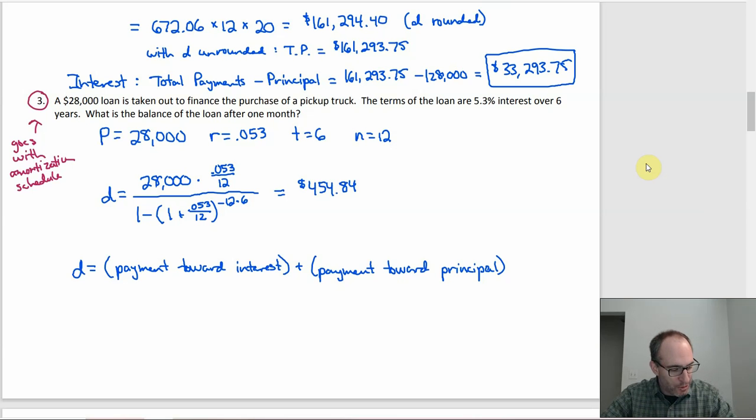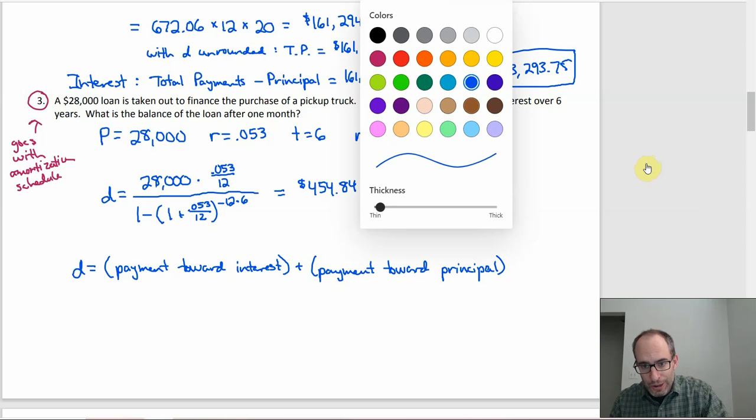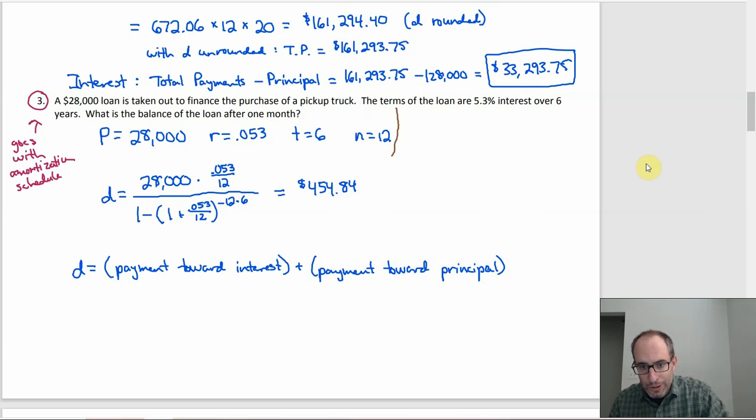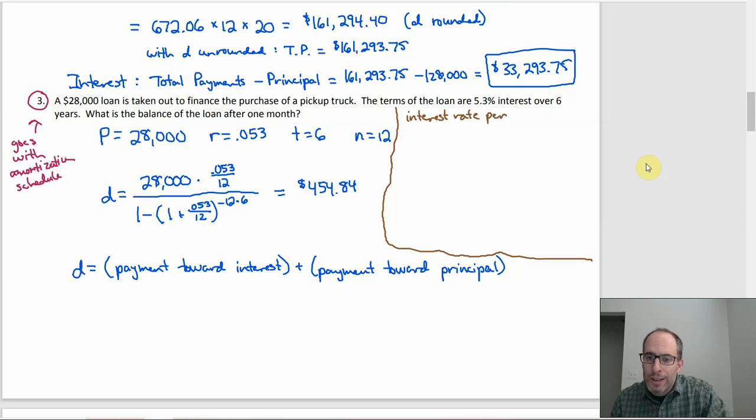And the way that we can get the payment toward the interest is that we know what the interest rate should be per period. So I'm going to do this kind of up in the corner, just in a different color. So let's see. I think I can carve out about that much to do it. So I'll say interest rate. I guess it would really be per period, but here it's per month since that's what the periods are. So this is actually what R over N is. So this is 0.053 over 12.